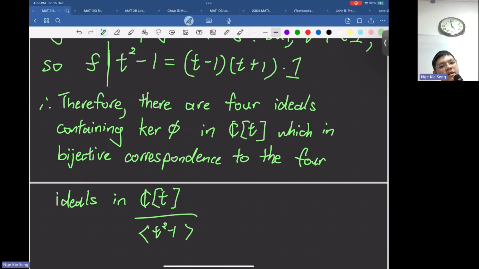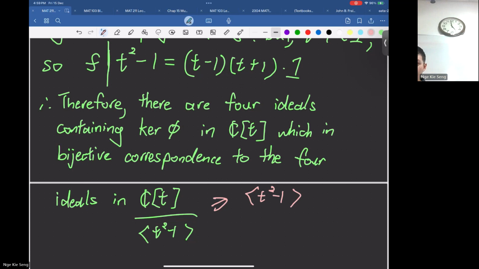So what are these ideals then? What are these cosets? How does this coset look like? So one of them is obviously the ideal generated by T squared minus 1.